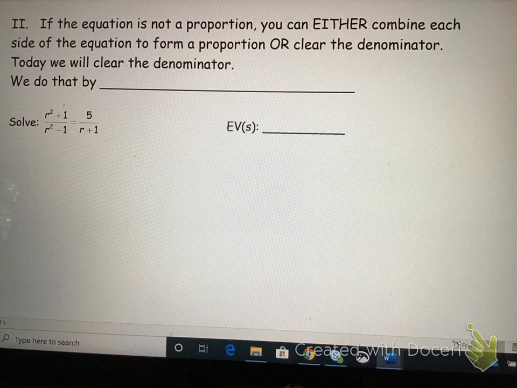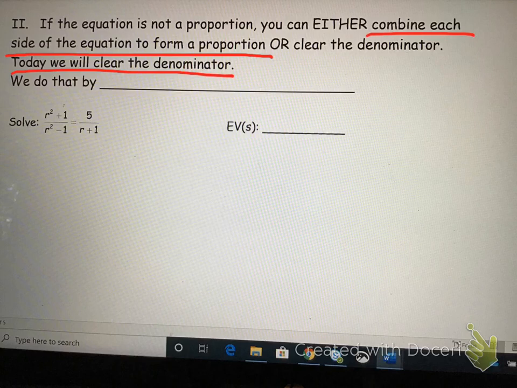Okay? So what we solved on day 1 were equations where we combined portions of the equation on one side or the other to create a proportion out of our equation. And then we could cross multiply to solve. Today, the method we're going to be practicing is what we call clearing the denominator, or eliminating the fractions in the equation.